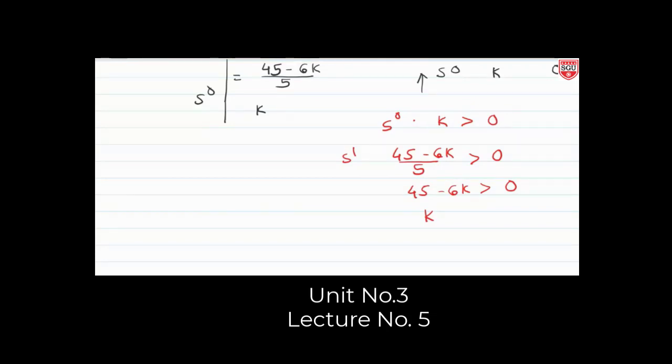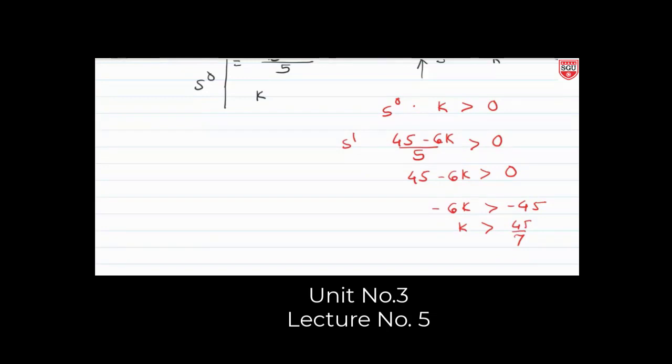If we write as you say, K greater than 7.5, then K can be any of infinite values greater than 7.5. So how to understand this? Minus 6K should be greater than minus 45, so K should be less than 45 divided by 6. So what will be the answer?